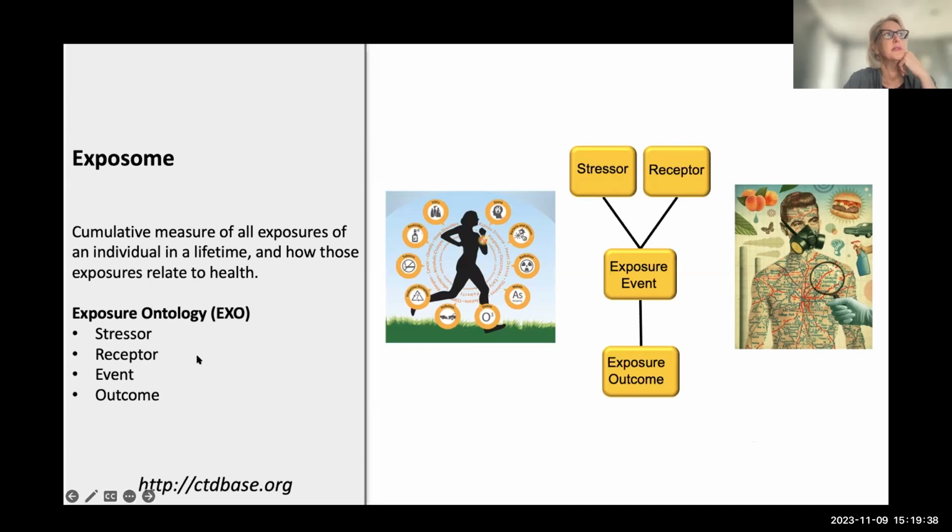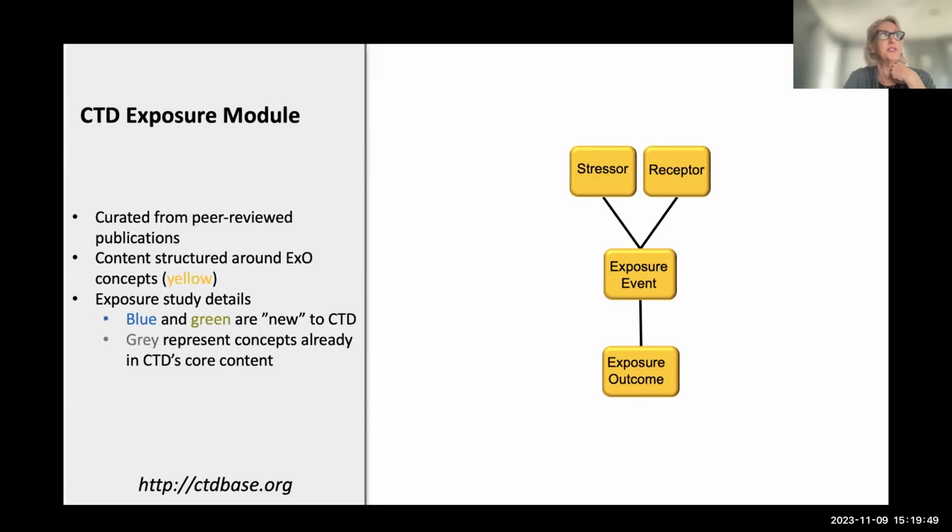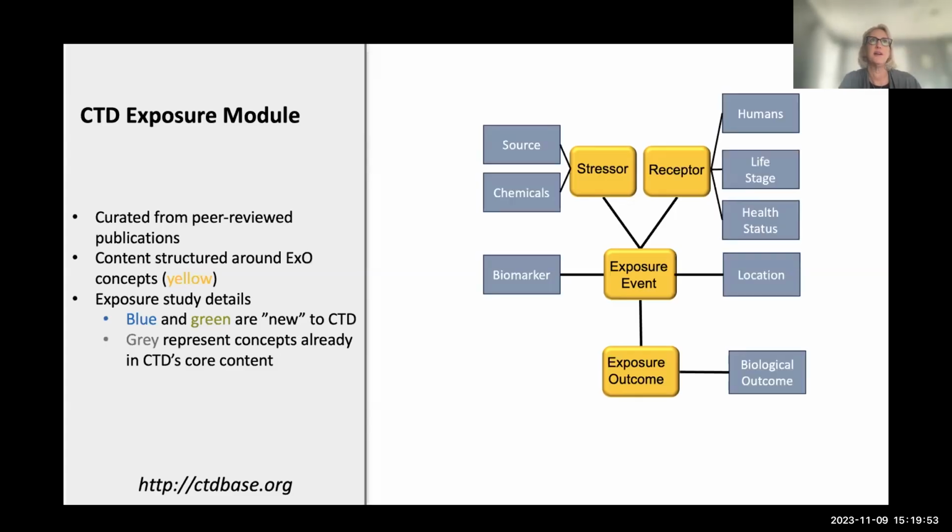And so we built an exposure ontology, and this stressor, receptor, exposure event, and outcome is kind of the framework around which we have built this curation. So what this looks like from a very high level is our stressors, in our case, are chemicals and source information. Our receptors you can think of as the individuals who are exposed to a particular exposure scenario.